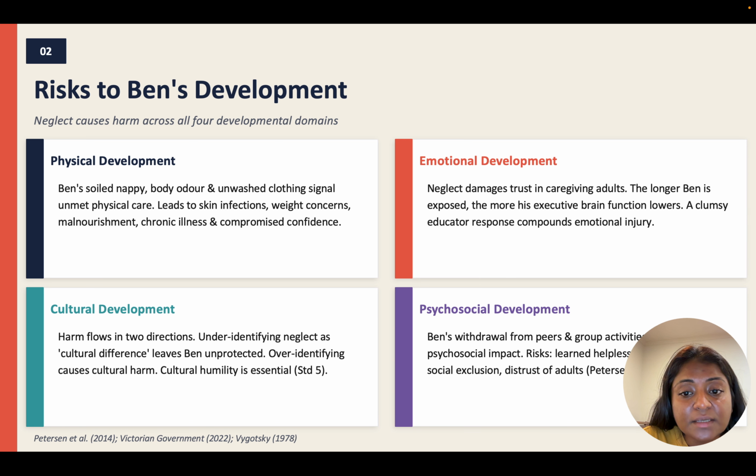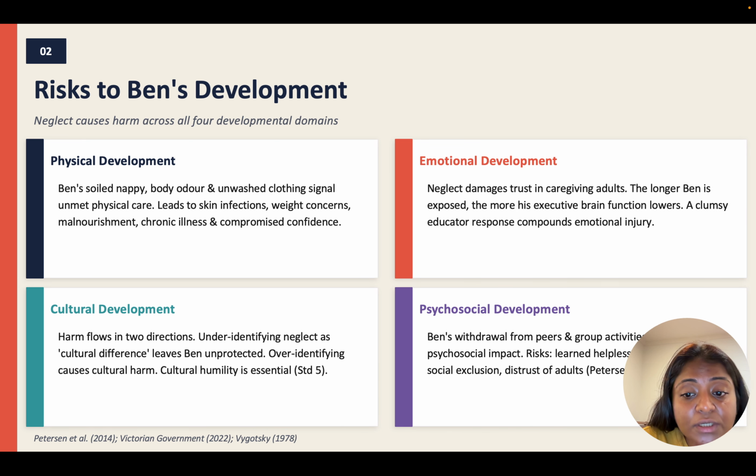The longer Ben is exposed, the more his executive brain function lowers. On the other hand, according to Peterson and others, culturally, it can be very risky and harmful towards Ben's development as well. And there can be this harm flowing in 2 directions. On the one hand, under identifying neglect as cultural difference can leave Ben unprotected. On the other hand, over identifying can cause cultural harm.